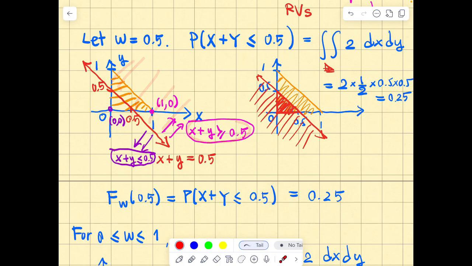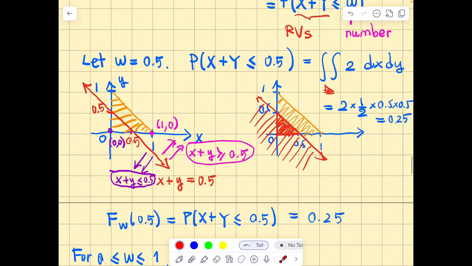We are not interested in that. Okay, so that means the red area, this is where we are interested in. And if we compare this with the orange area, the overlapping area is this red triangle. So we want to integrate the PDF over this red triangle.